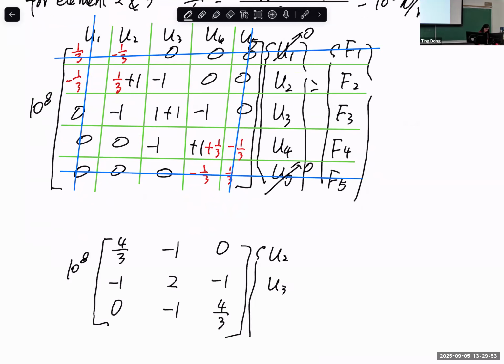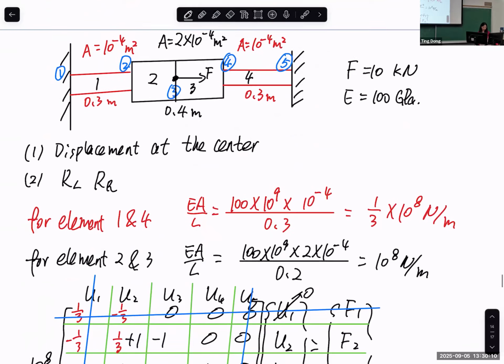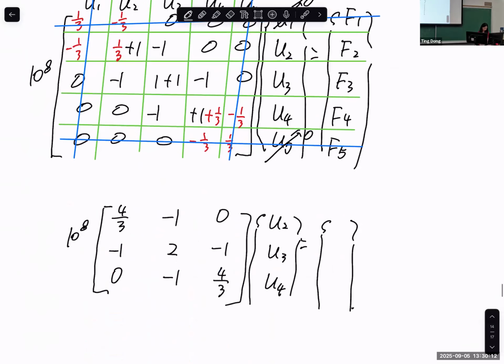U2, U3, U4. How to write this vector here? 0, 10,000, 0. Yes, thank you. So I got a question before the class about your homework. Whenever there is no force applied at that node, you consider it 0 force in your equation.